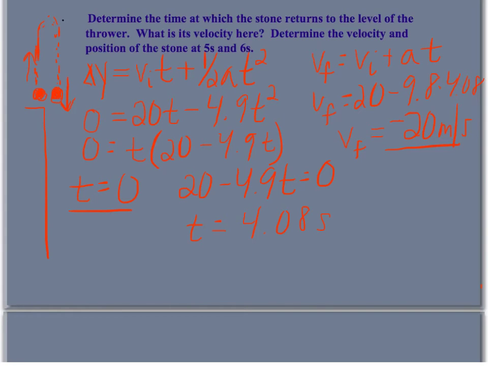Let's look at two more questions that are interesting to look at and answer. These questions ask about the position and the velocity of the object at a certain point in time. And what you'll find here is that the same couple of equations that we've been using can be used for these couple of questions as well.